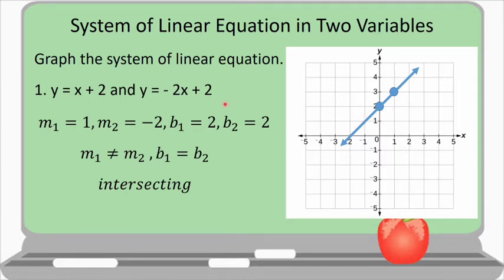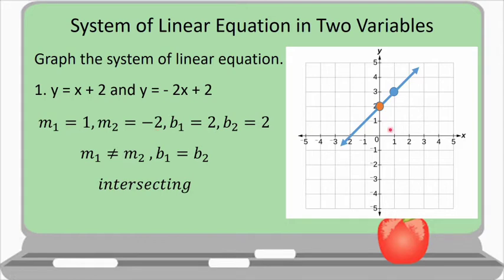Now let us graph y equals negative 2x plus 2. Since the second equation has a y-intercept equal to 2, the graph of this equation will pass through the point (0, 2). The slope of the second equation is negative 2, so rise over run is negative 2 over 1.